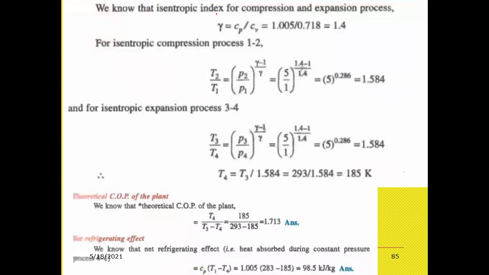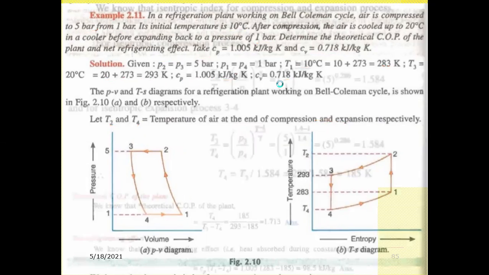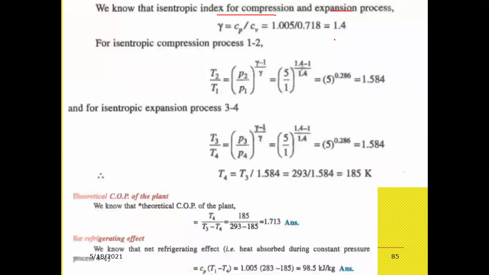So from the isentropic compression and expansion process, gamma, Cp by Cv, is equal to 1.005 divided by 0.718, that is, gamma is equal to 1.4.